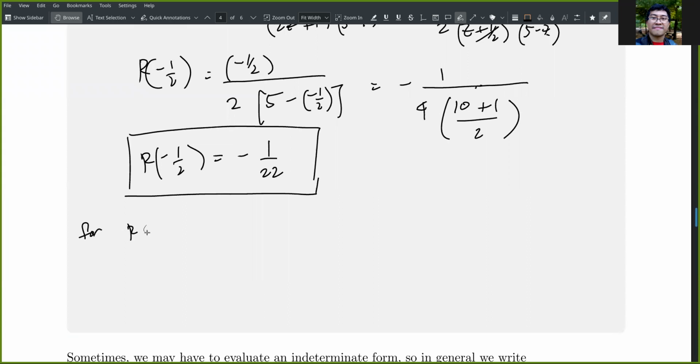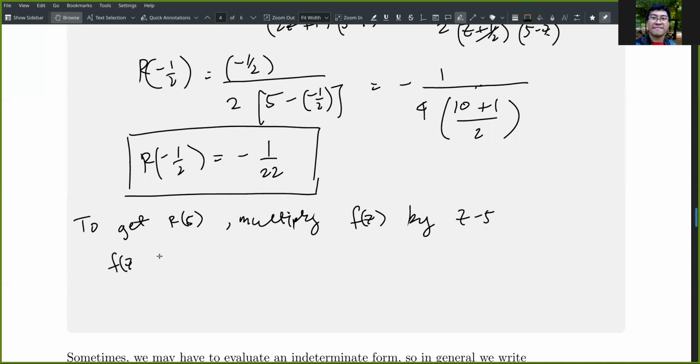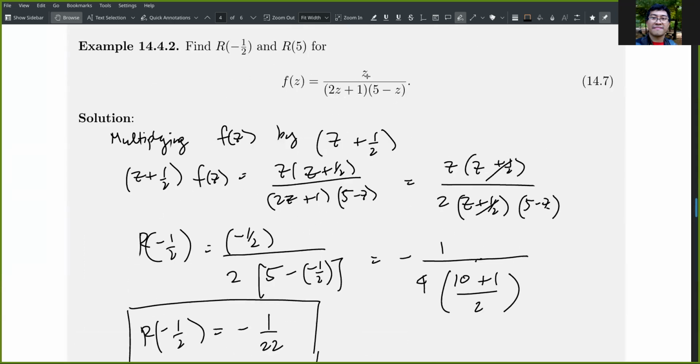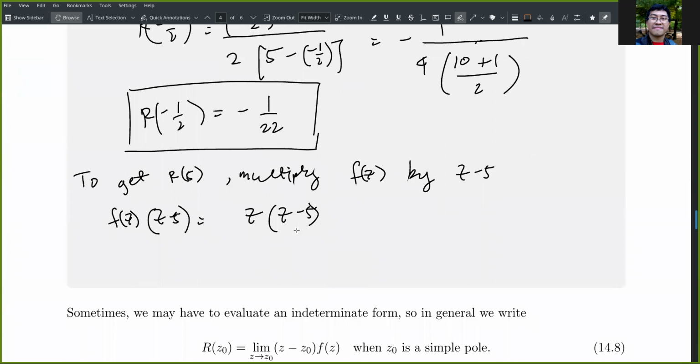To get r of 5, multiply f(z) by z minus 5. So you have f(z) times (z minus 5) equal to z times (z minus 5) divided by (2z plus 1)(5 minus z).